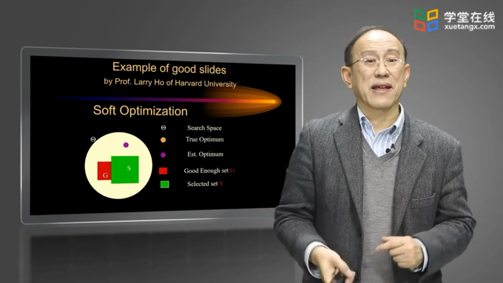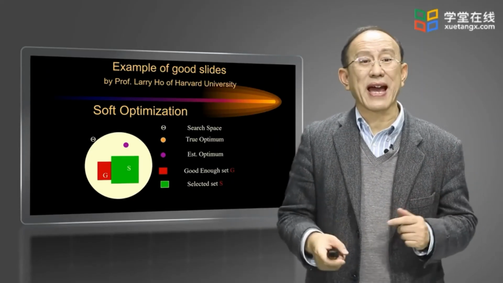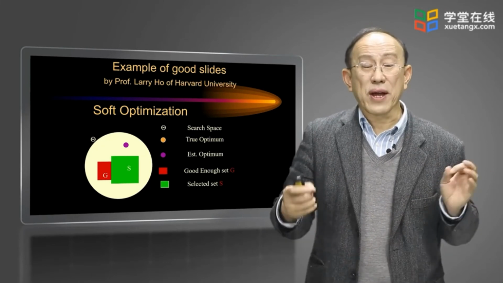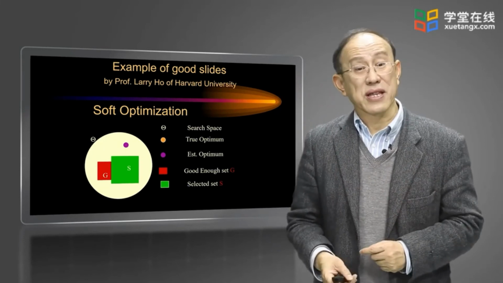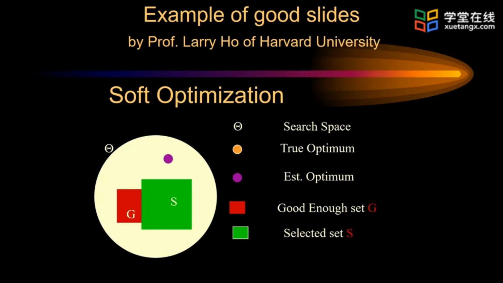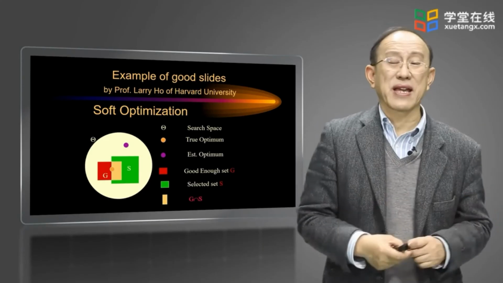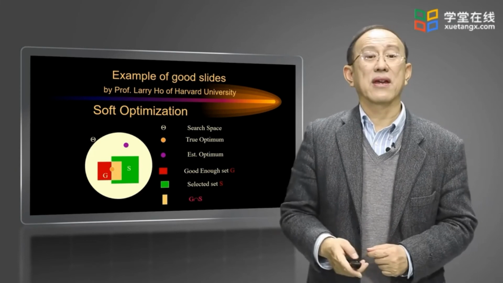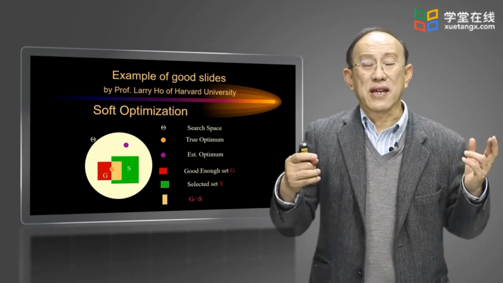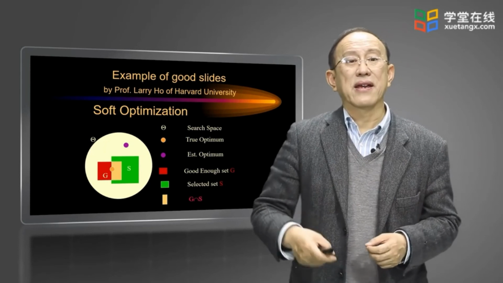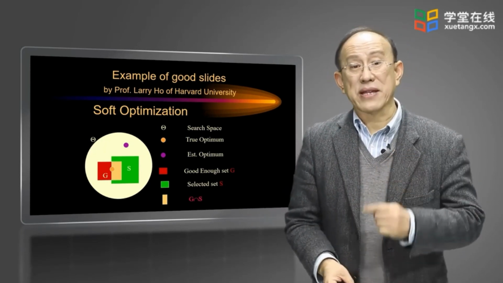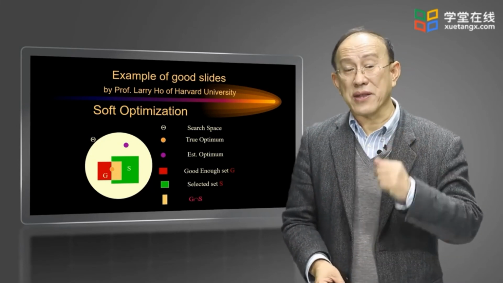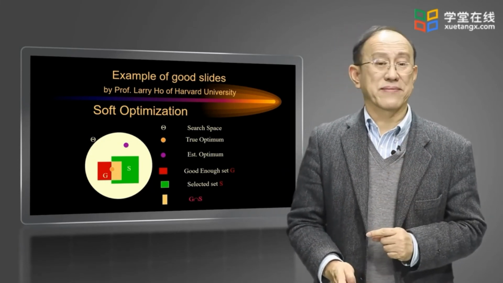We just select a set S. We do not know whether this coincides with the good enough set or not. However, if we know that our selected set has an intersection with the good enough set, we are pretty much okay. In this case, the intersection of the good enough set and the selected set happens to contain the true optimum we are trying to find.